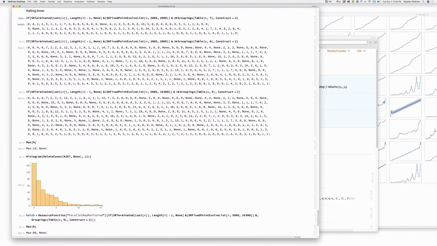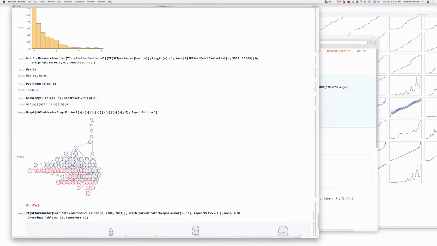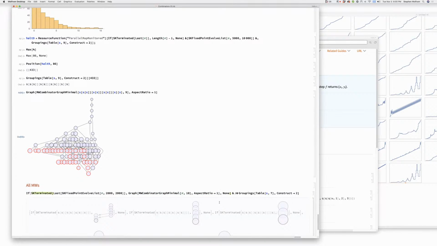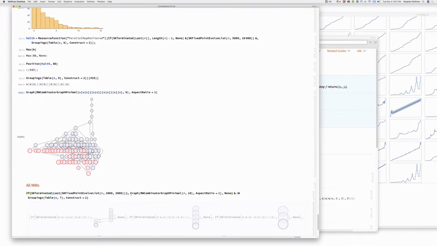If sk terminated last of that, otherwise, graph of that. Oops. There is my mistake. Wait a minute. If sk terminated, oh, silly me. Okay. All right, and let me make this in parallel.